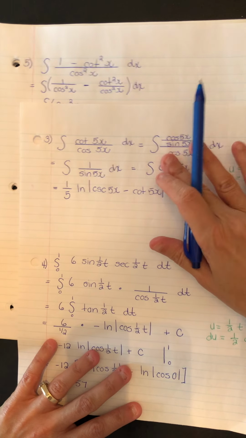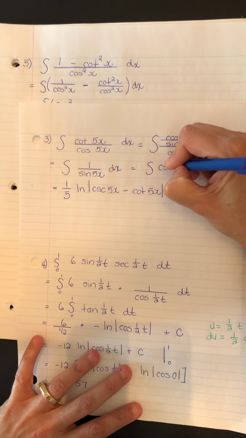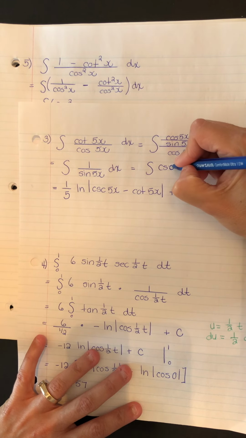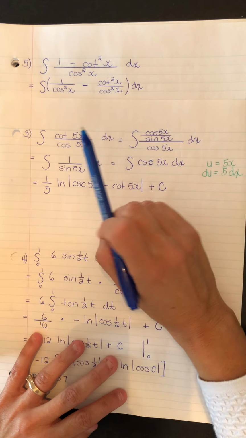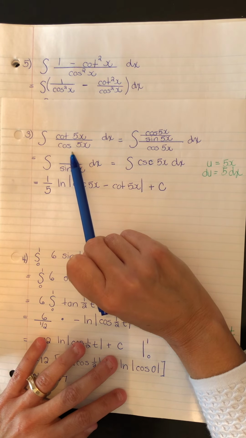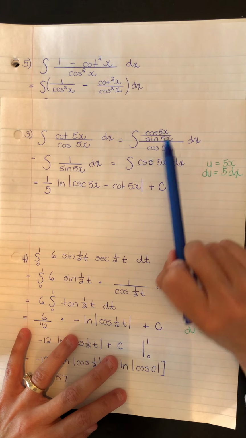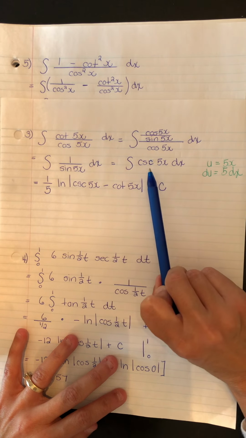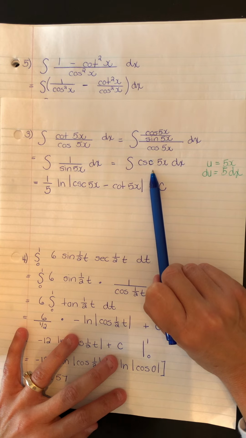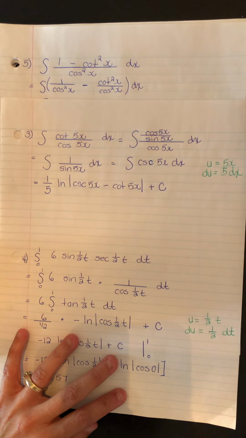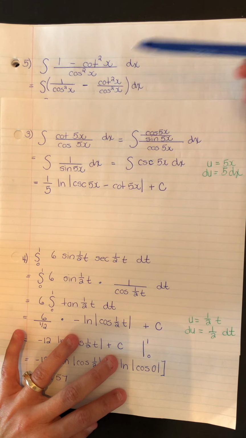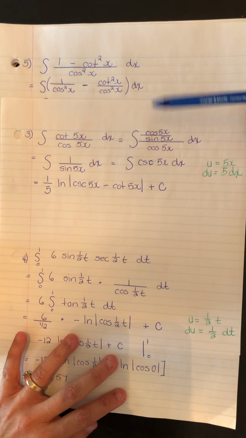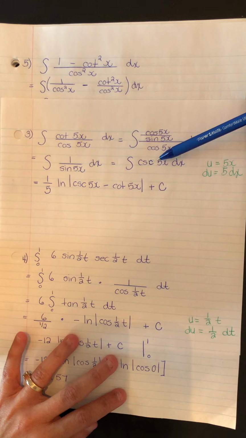Here was problem 3. We had cotangent over cosine, and then we did some work to figure out that that was the same as cosecant. Well, now we have cotangent squared over cosine squared, so that will simply be cosecant squared.